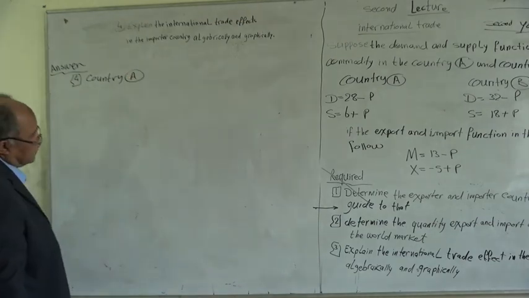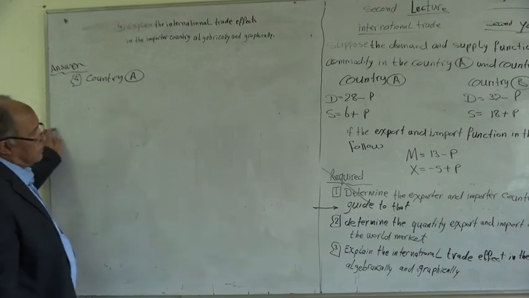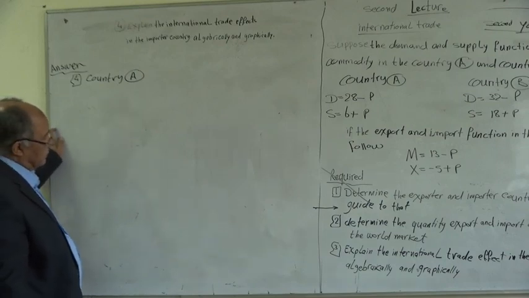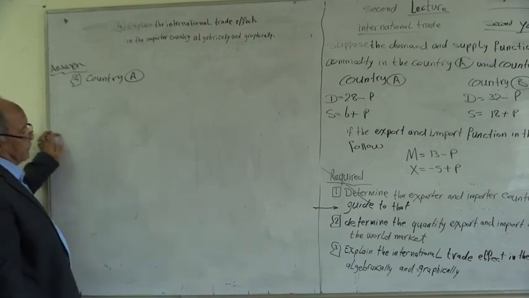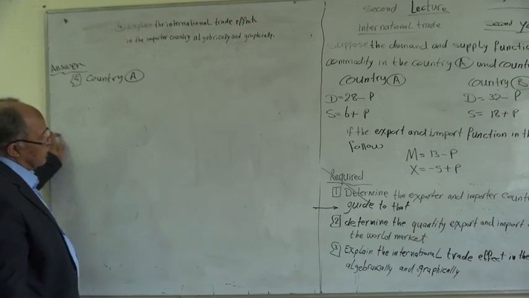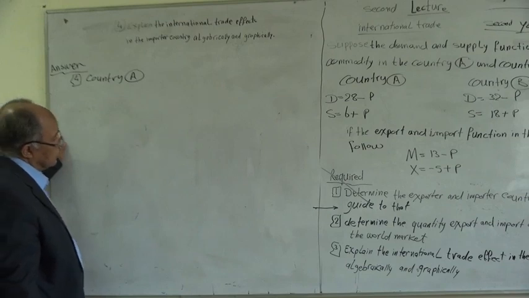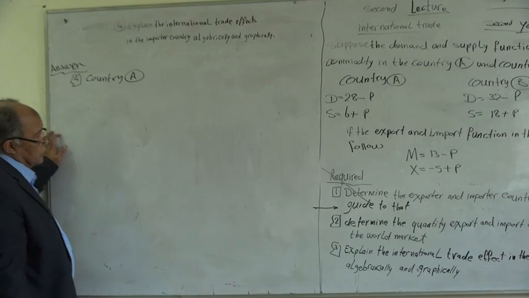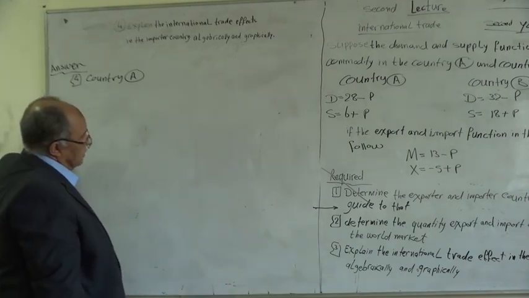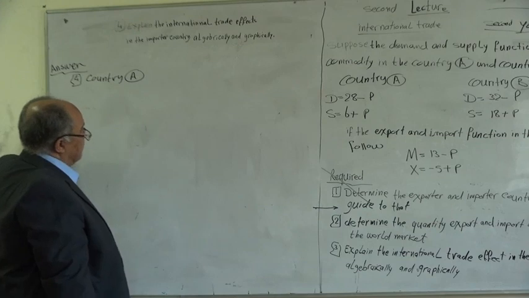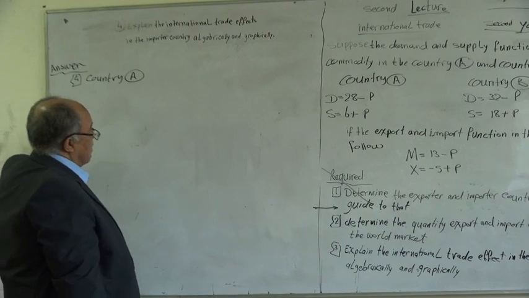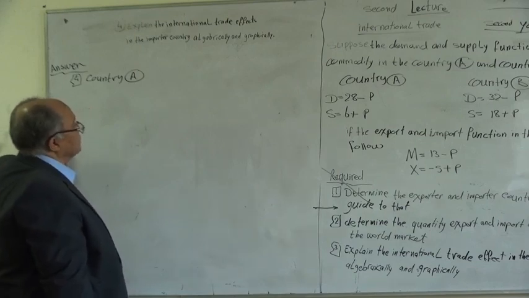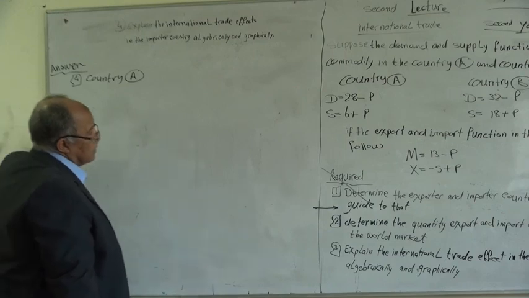In country A, the supply function is domestic and foreign supply. The foreign supply or international supply is the export function. This means the gross supply in the importer country we can get by adding the export function and domestic supply.